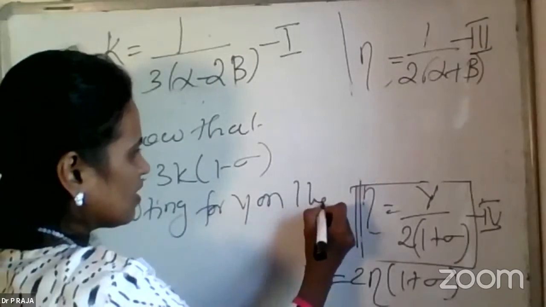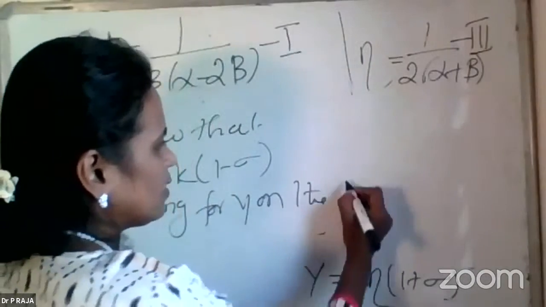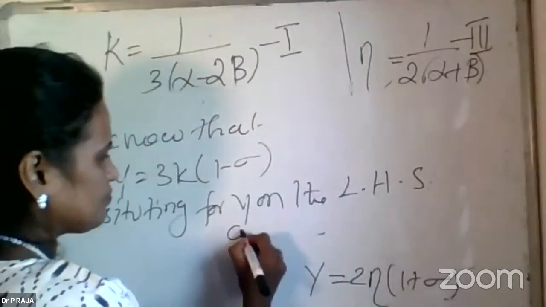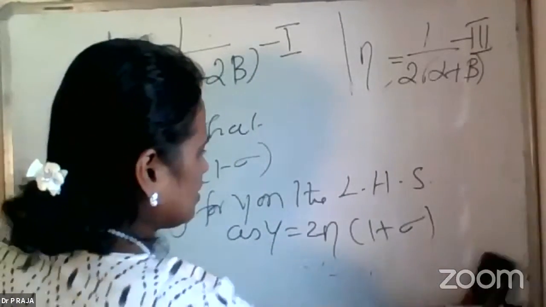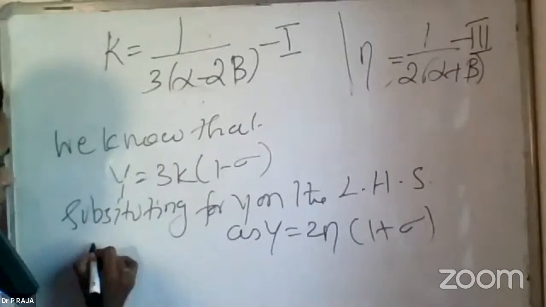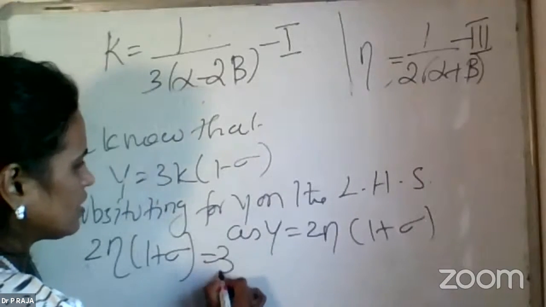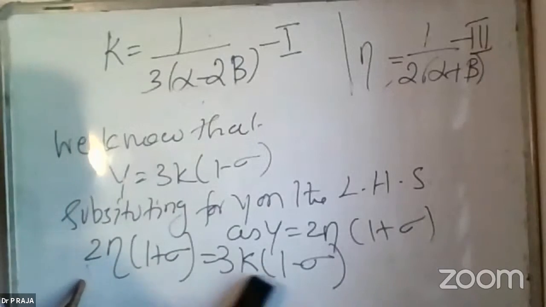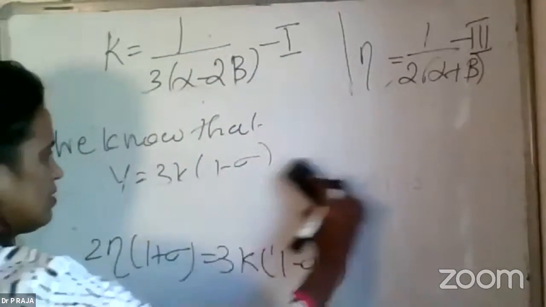On the left hand side, as Y is equal to 2 eta into 1 plus sigma, this equation will now become, instead of Y, 2 eta into 1 plus sigma is equal to 3K into 1 minus sigma. Now Y is being equated on both the sides.